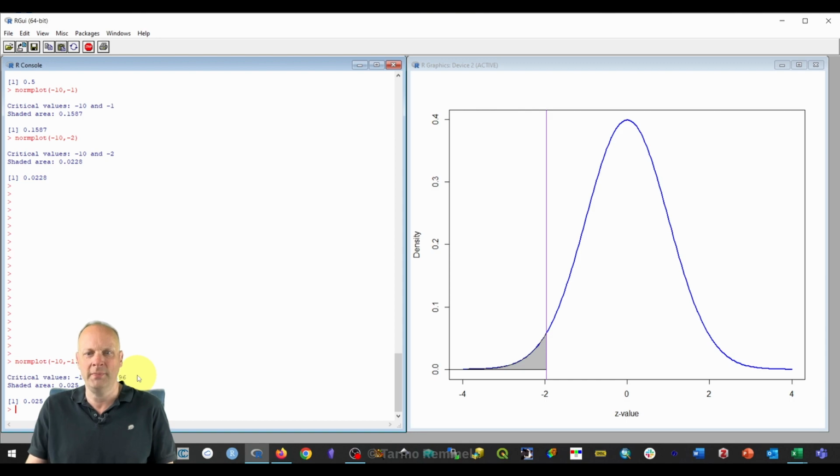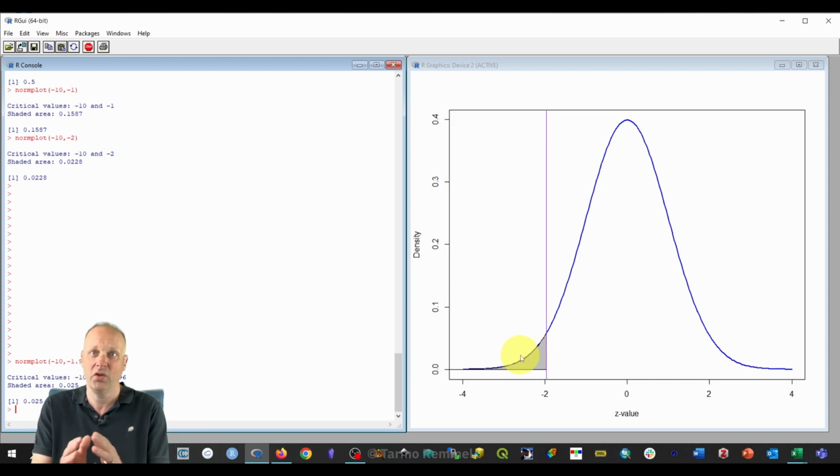So these values, this negative 1.96, these are the z-scores, or the number of standard deviations less than or greater than the mean that define some critical value from which we can then measure the area in the tails of our distribution. And when we do that, we get a probability of how likely is it that a value is in the bulk of our data, or is it in the tail.